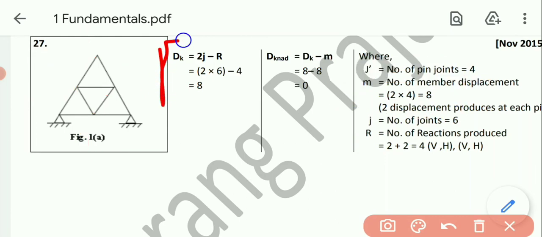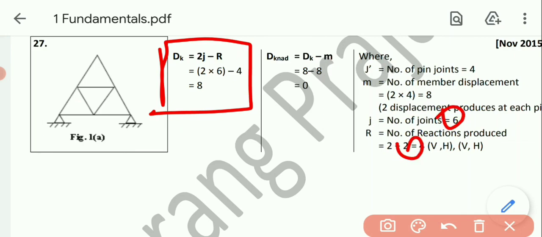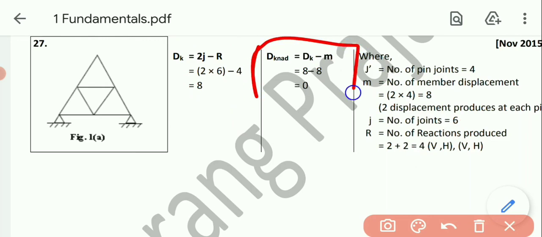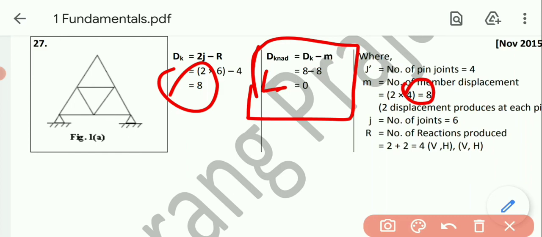As you have got all the answers, Dk equals 2J minus R: joint is 6, R is 4, 2 times 6 minus 4, 12 minus 4, answer is 8, and Dk none equals Dk minus M, 8 minus 8, answer comes 0.